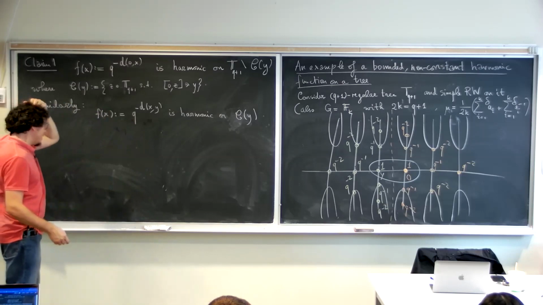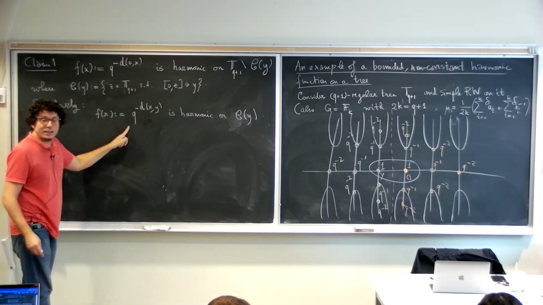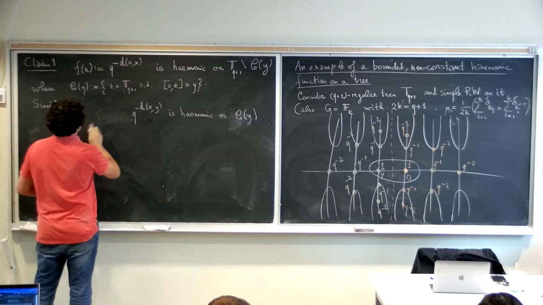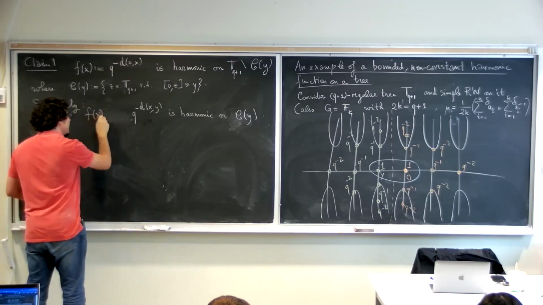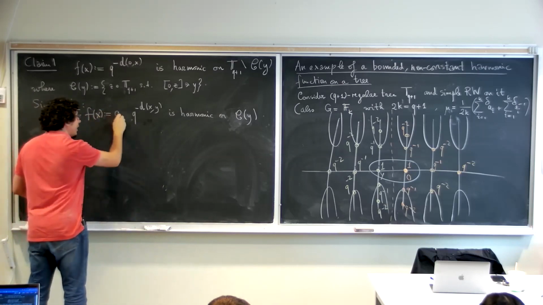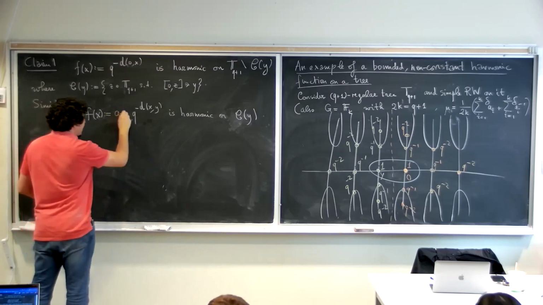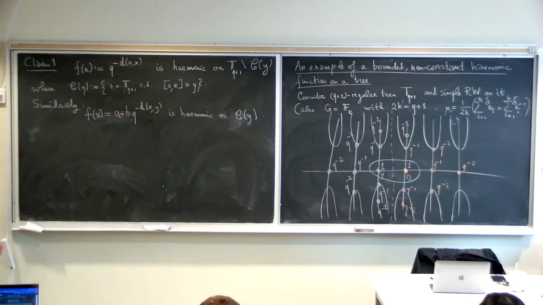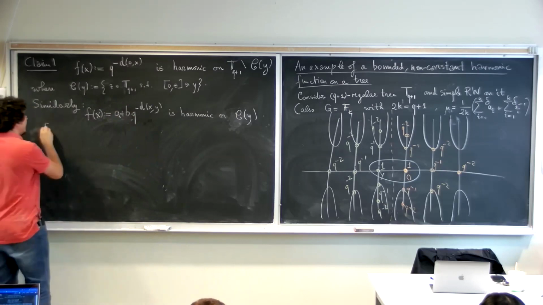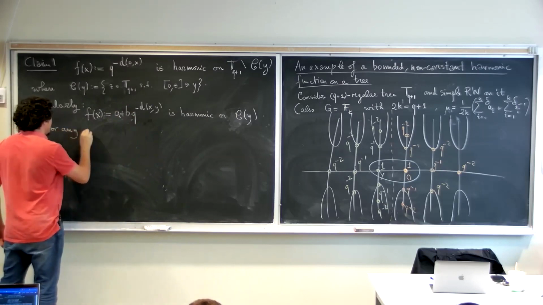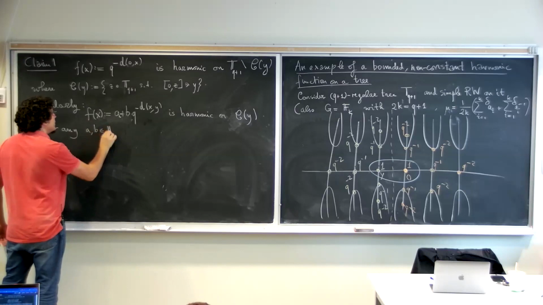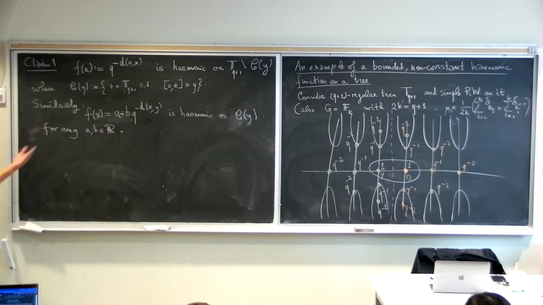So it's not just true that this is harmonic, but we can have some constant a plus b times this, for any a and b in R, which would also be harmonic on this side, because it's a linear combination of harmonic functions.